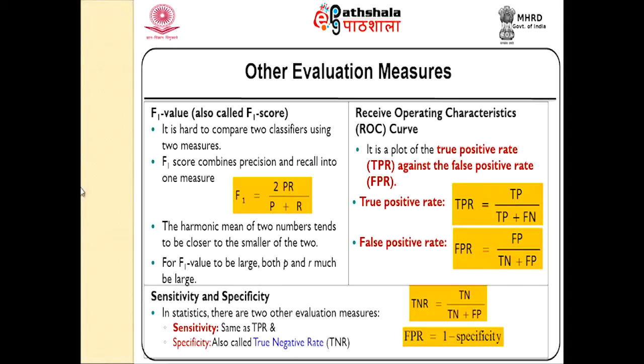And then you have sensitivity and specificity. Sensitivity is nothing but TPR, the true positive rate, and specificity is the true negative rate, which is the true negative divided by the true negative plus the false positive, and this FPR is nothing but 1 minus specificity. So, these are some of the measures that we use.